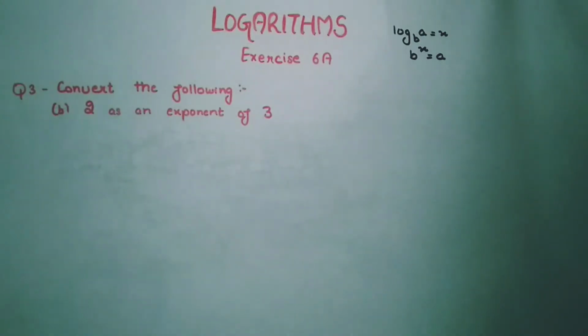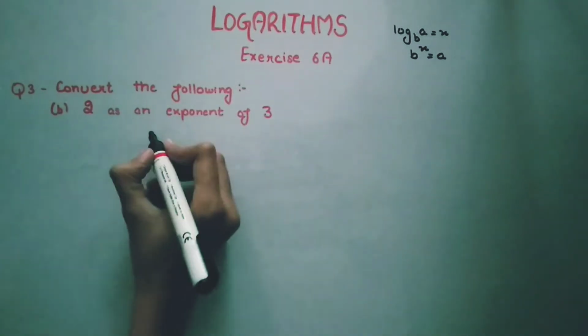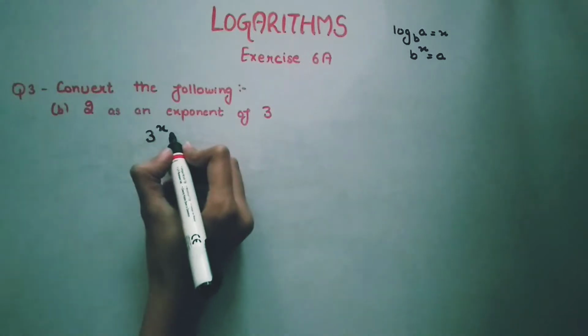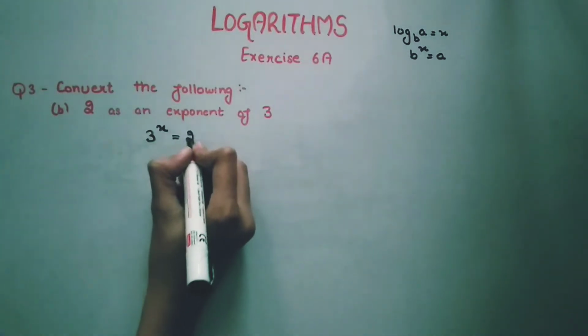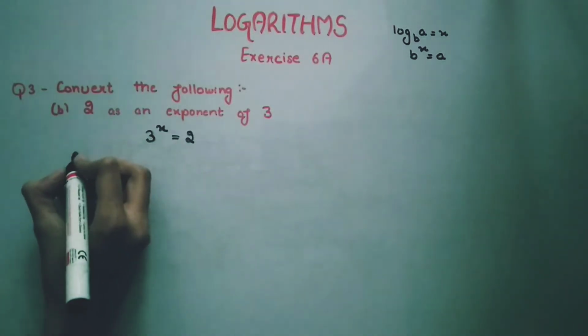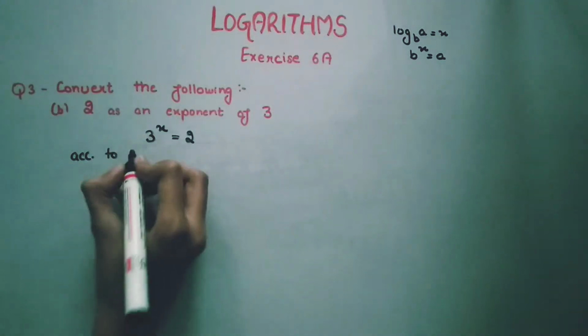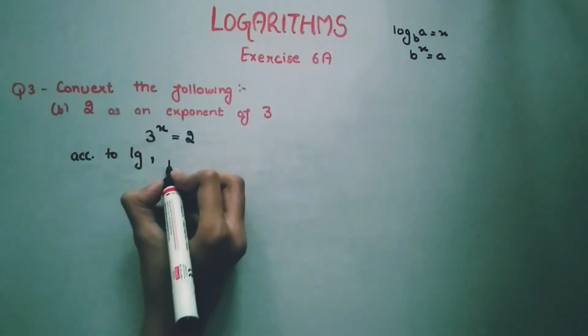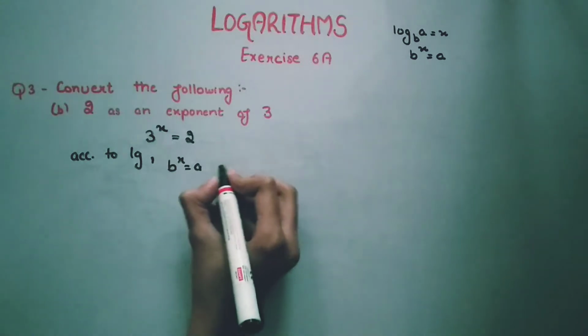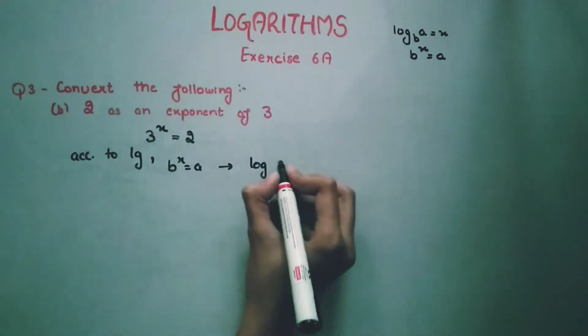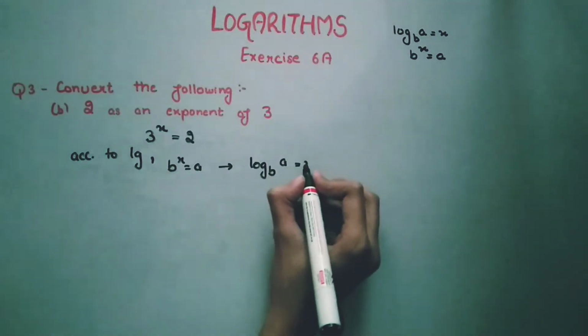The next part is 2 as an exponent of 3, which means 3 raised to any power x is 2. This is the exponential form, and according to logarithm, we will change the exponential form into the logarithm form, that is log of a to base b is x.